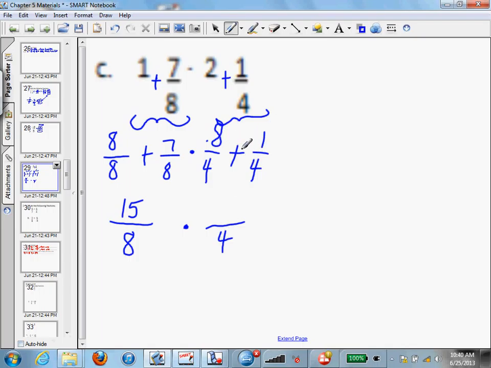Now we just add our numerators: 8 plus 1 is 9. As you can see, nothing will cancel out, so we just multiply across. When you do that, you get 15 times 9, which is 135, over 8 times 4, which is 32. If you were to reduce this fraction further, you would get a mixed number of 4 with the fraction 7 over 32.